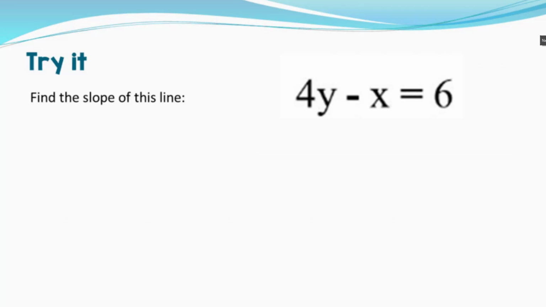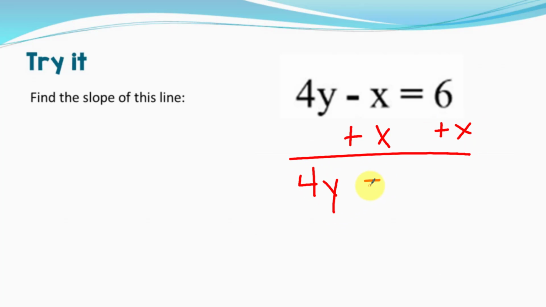All right, here's another one. You can pause the video and try it. This one's arranged a little bit differently, but I'm going to do the same thing. I'm going to get y by itself, so I'm going to add x to both sides, giving me 4y equals x plus 6.